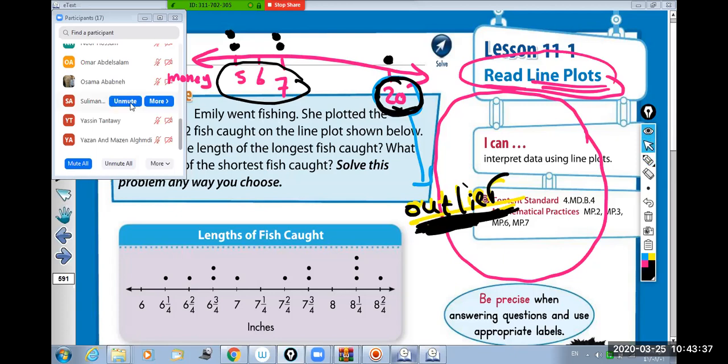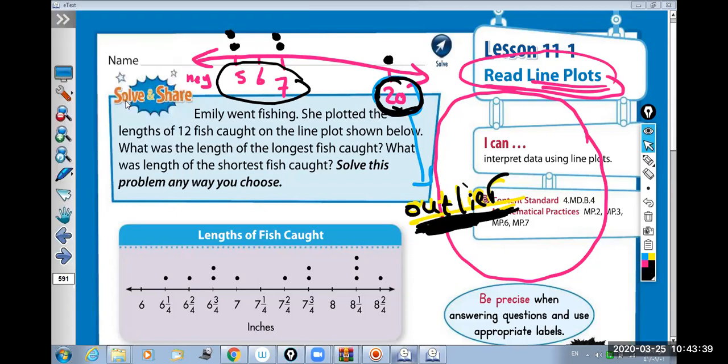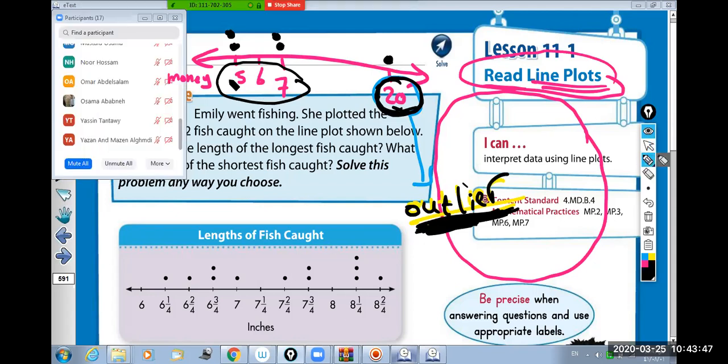Make your mic mute. Now we'll take another one, like Sulaiman. Sulaiman? Yes, mister. Are you good? Yes. Do you think that the 5 is an outlier or not? No, it's impossible. What is the outlier number? The outlier number is 20 because 20 is so far, it has the most distance between the number before it and the other numbers.